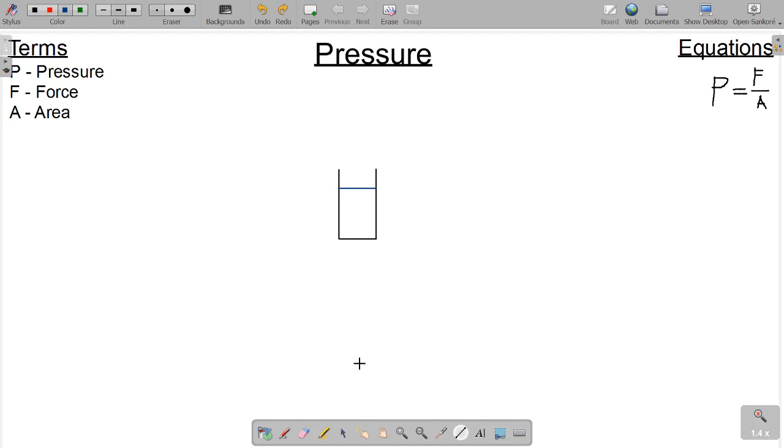So we want to find the pressure acting on the bottom of the container. The first thing you need to know is that P equals F over A.